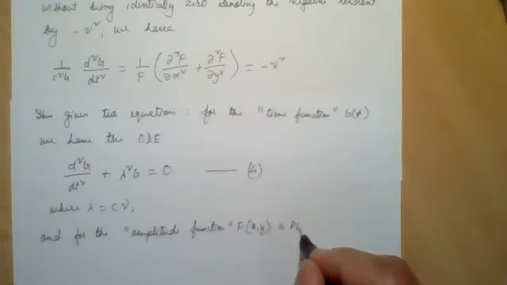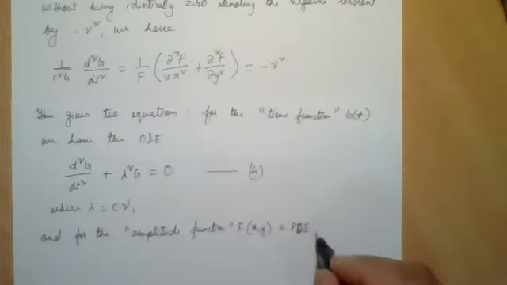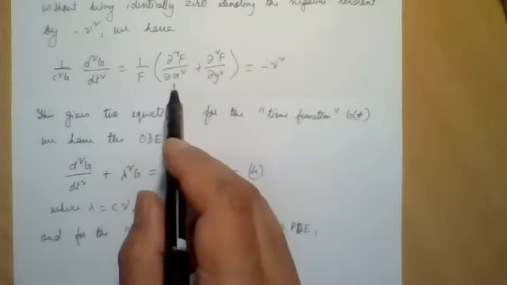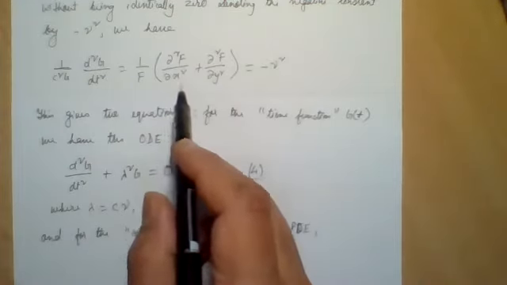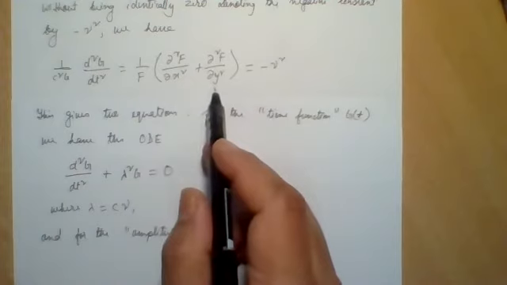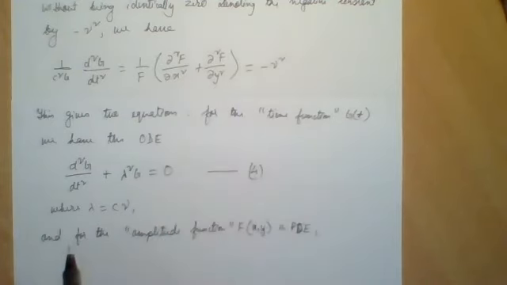This will initially give a partial differential equation because it involves partial derivatives with respect to x and partial derivatives with respect to y. So for the amplitude function, there is f of x and y.